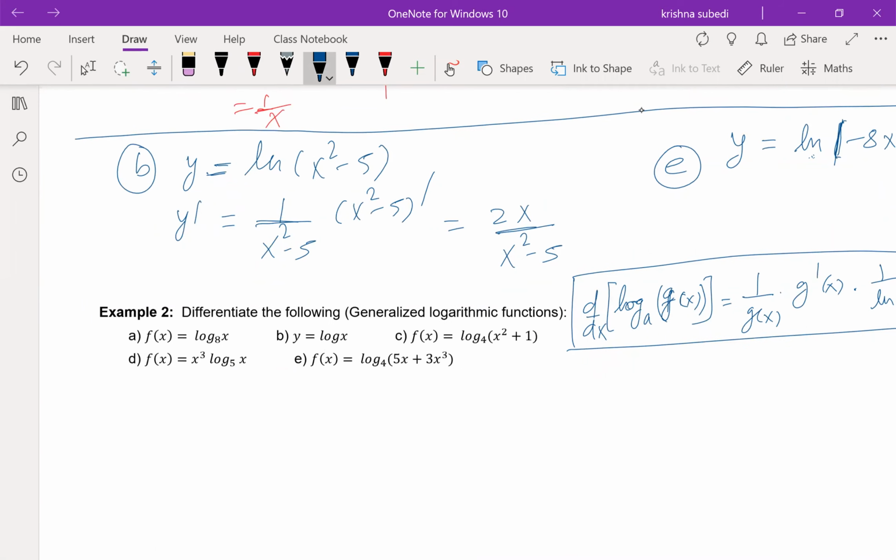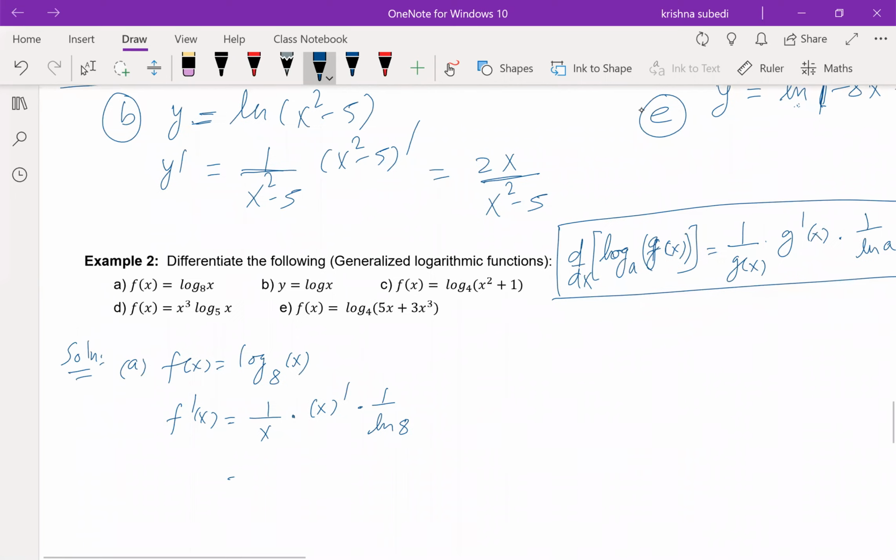Now let's try part A. So using that rule, the derivative will be 1 over x, and then you need to find the derivative of that x, and then 1 over ln 8.